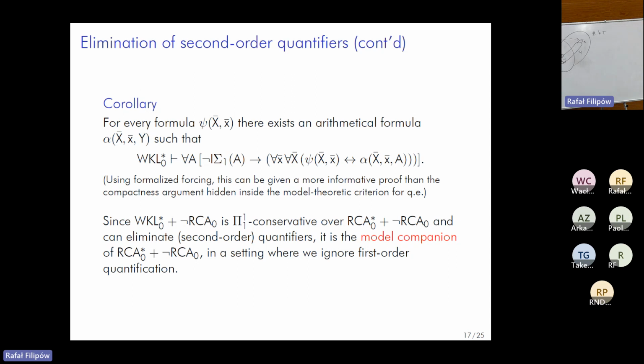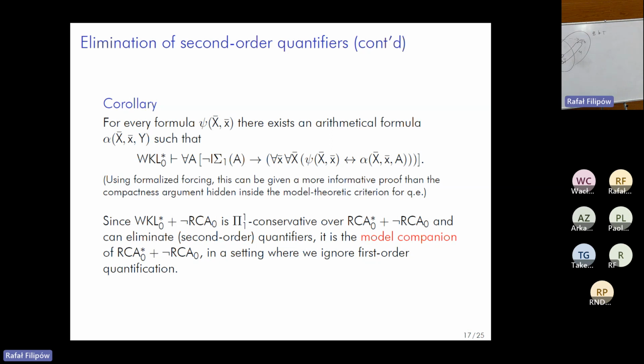For every formula whatsoever, using as many second order quantifiers as you might want, weak König's lemma star will tell you that given any set relative to which sigma 1 induction fails, your formula will be equivalent to an arithmetical formula with the set relative to which induction fails as an extra parameter. So this collapse is not just to delta 1,1. In fact, it's to the arithmetical hierarchy with a single set parameter.